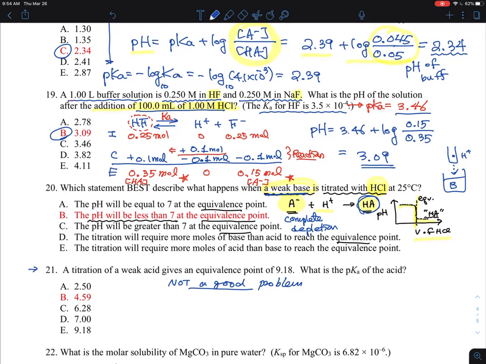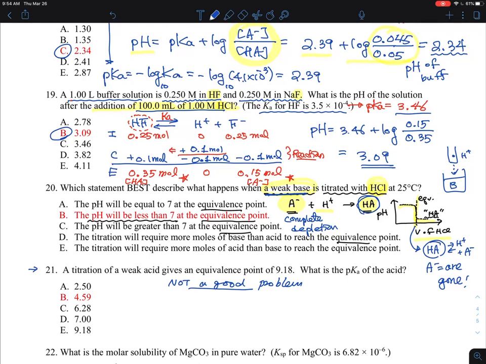Now you have a form of HA. At this moment, essentially all the base is gone, and you are left with HA, which is a weak acid, and that weak acid can generate a little bit of H plus with a regenerated A minus.